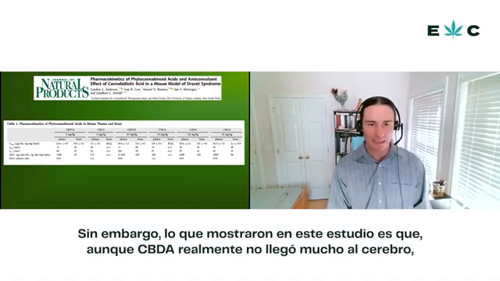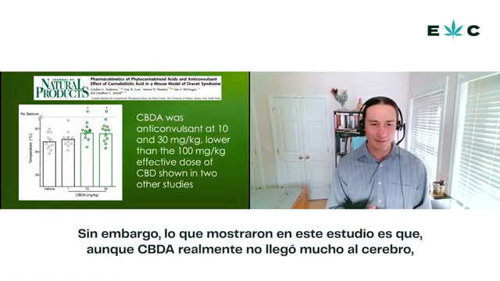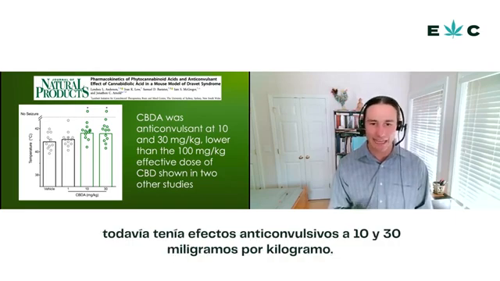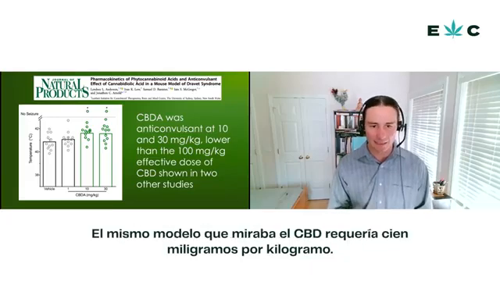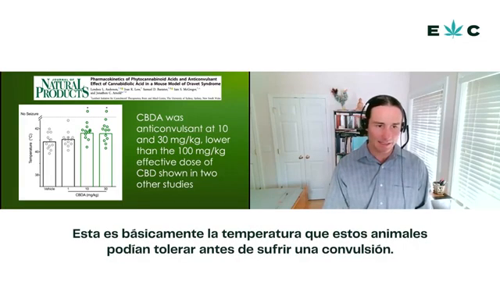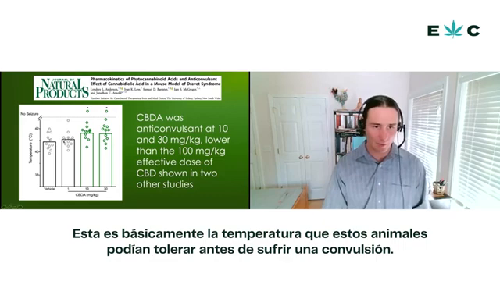So what they showed in this study is that even though CBDA didn't really get much into the brain, it still had anticonvulsant effects at both 10 and 30 milligrams per kilogram. The same model looking at CBD required 100 milligrams per kilogram. This is basically the temperature that these animals were able to tolerate before they had a seizure.